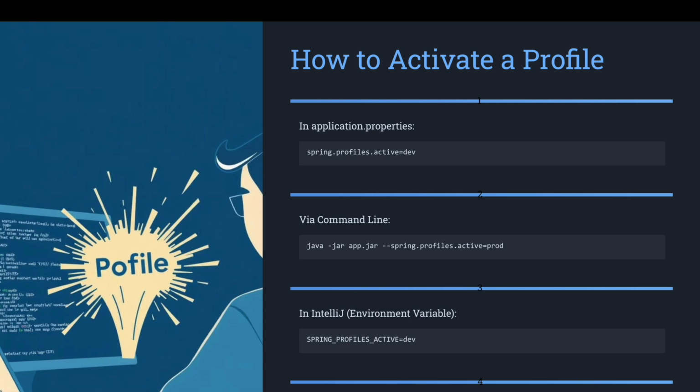Or if you are running through the command line, you can just pass the environment in the command line. Or if you are running your application in any IDE, here I have taken the example of IntelliJ, there you can set up the environment variable. We will see how to set this environment variable in IntelliJ when I give the demo. So this we'll be seeing in a while. So watch the video till the end.